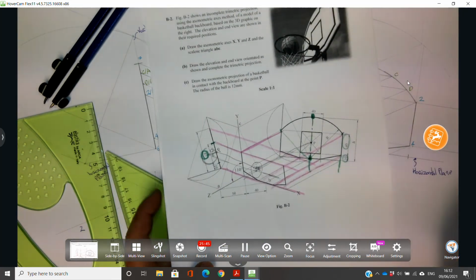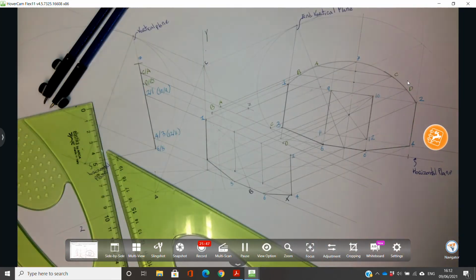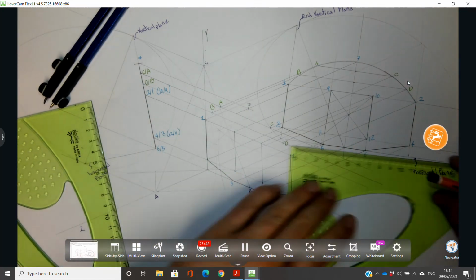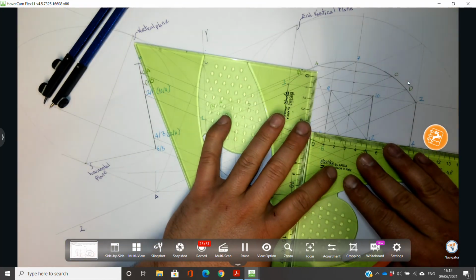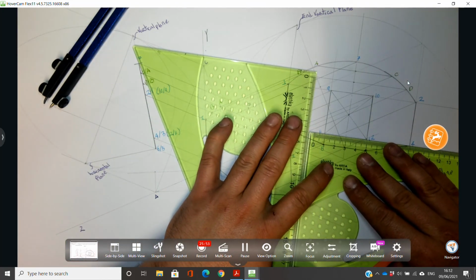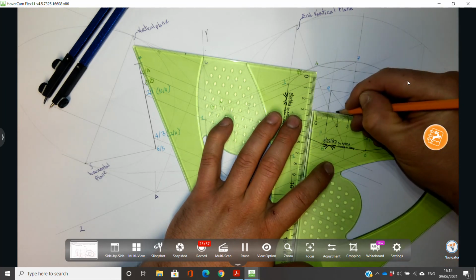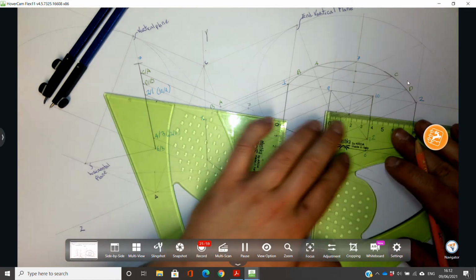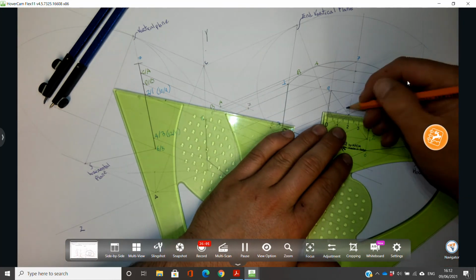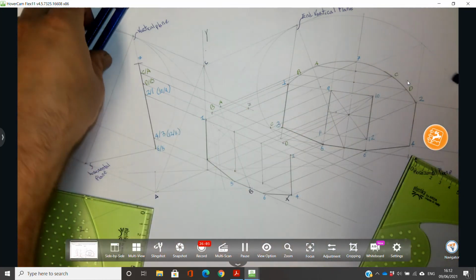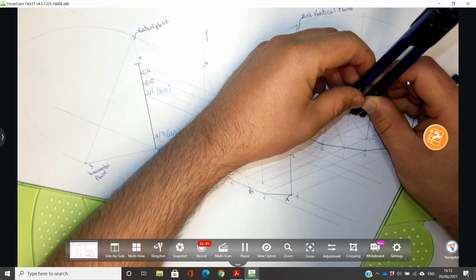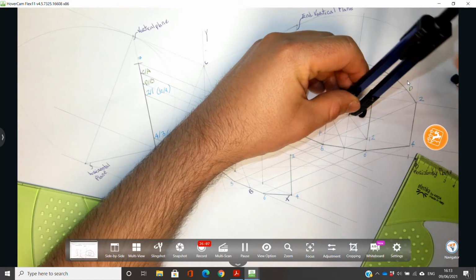So I'm going to do that now. So the basketball has a radius 12. So I'm drawing in the ball here, radius 12.